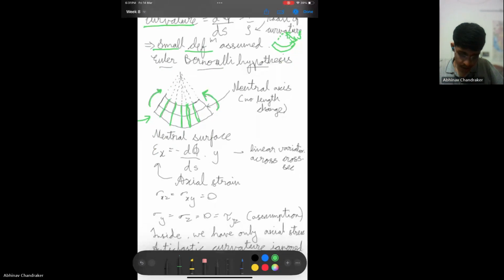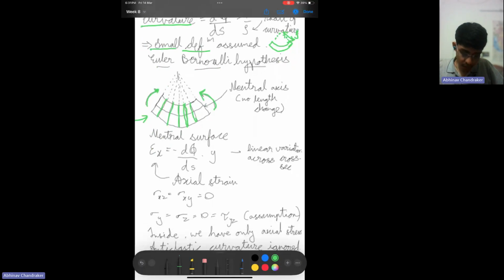And there will be one axis which was initially linear in the undeformed member, but in the curved member will still have zero strains, so it will still be of the same length, and we call it the neutral axis.